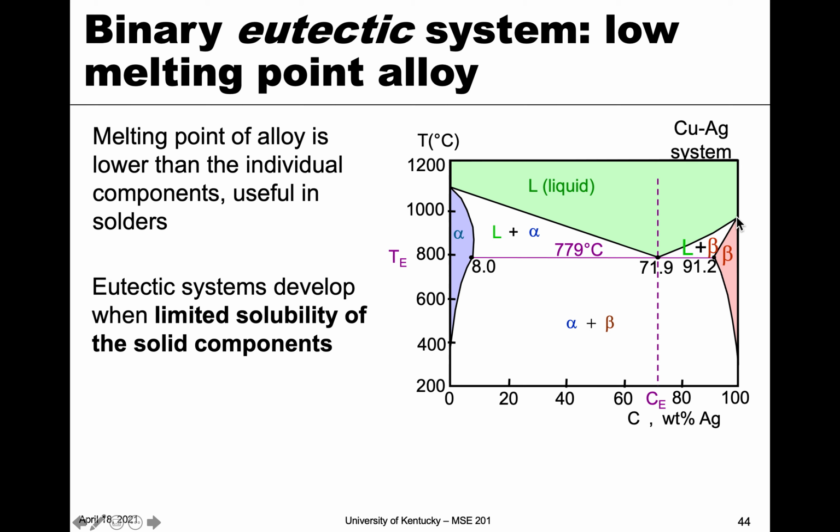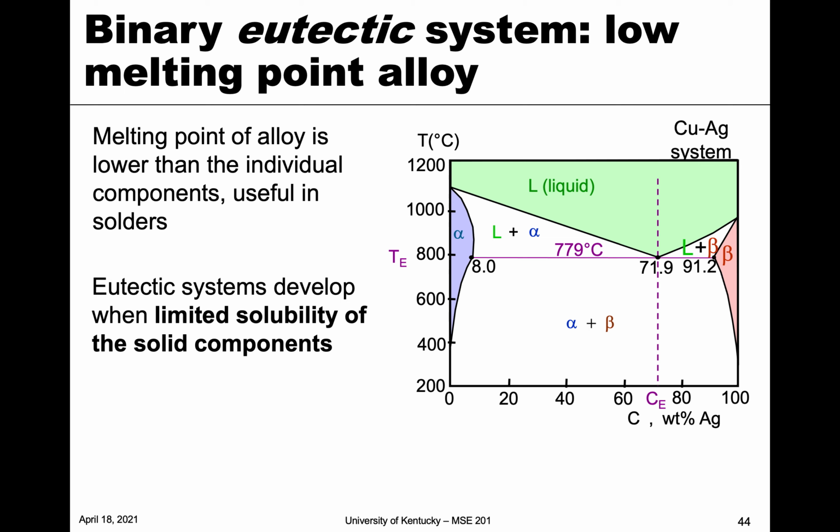And yet you see, if we mix the two, they form a liquid at a much lower temperature, at around 800 degrees. So we're able to lower the melting point of these two components. It's not somewhere in the middle. It's actually lower than both components.